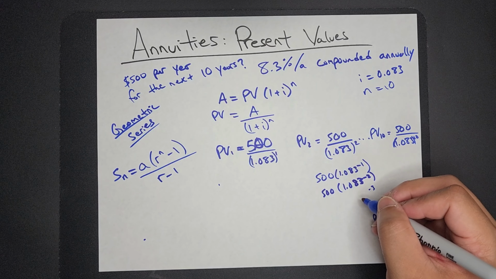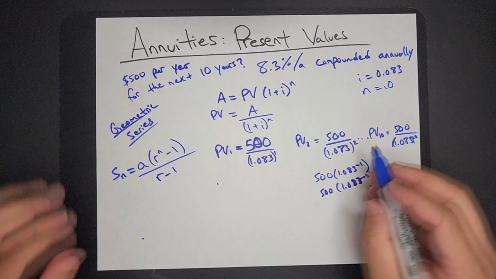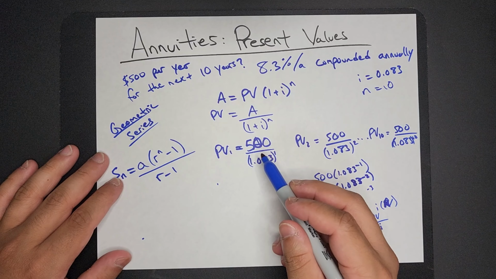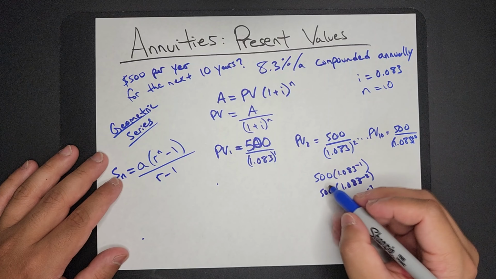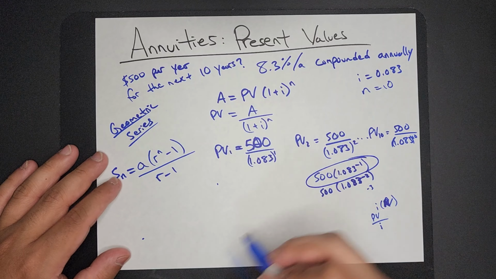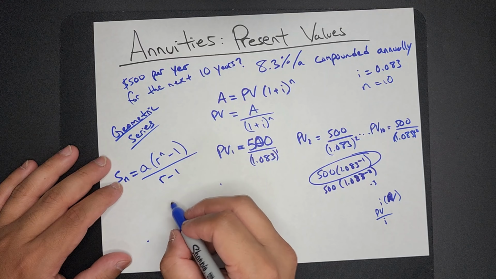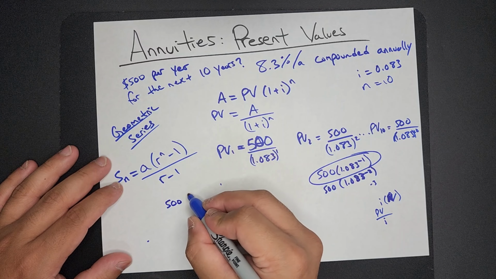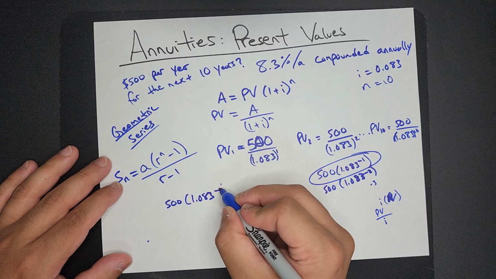So my geometric value is not actually going to be a full positive amount. My first value is this one, so that's my A value, which is 500 times 1.083 to the negative 1.